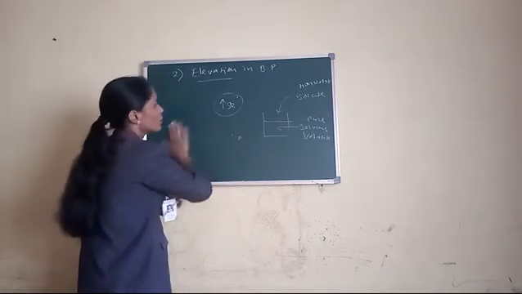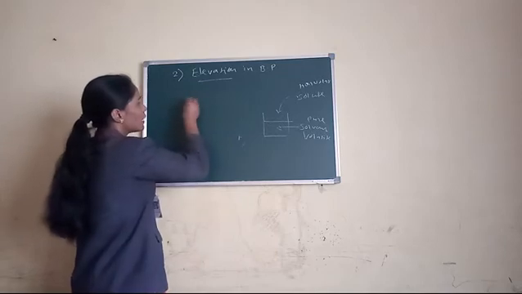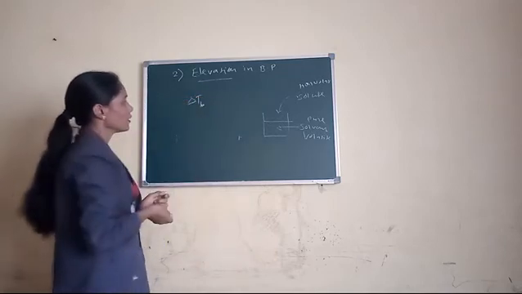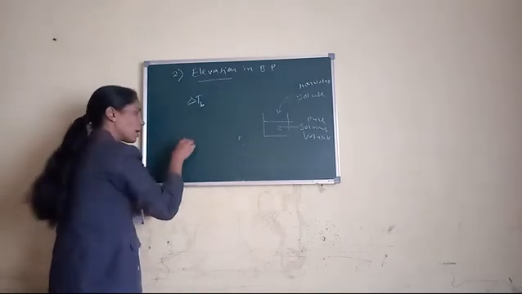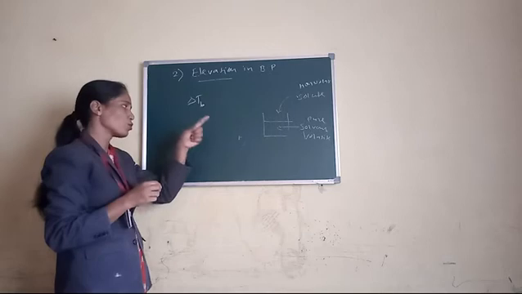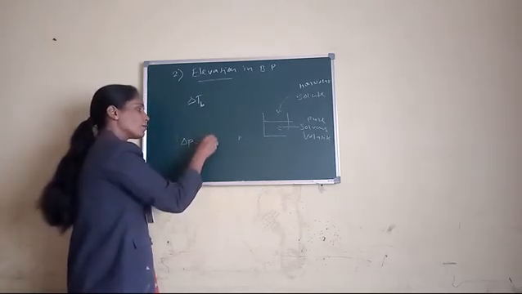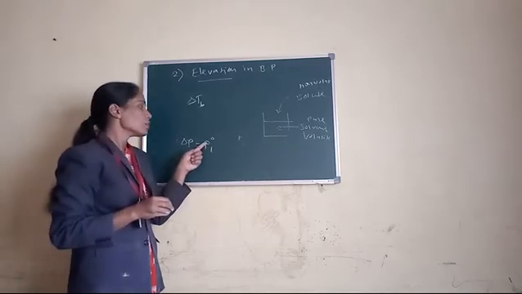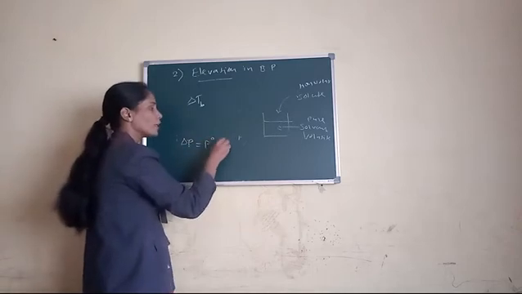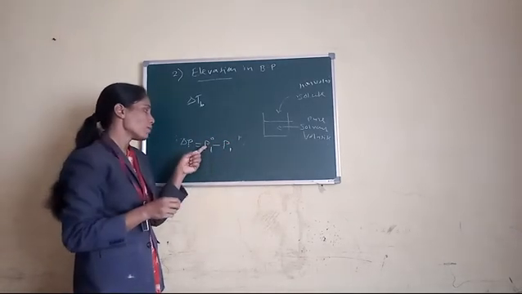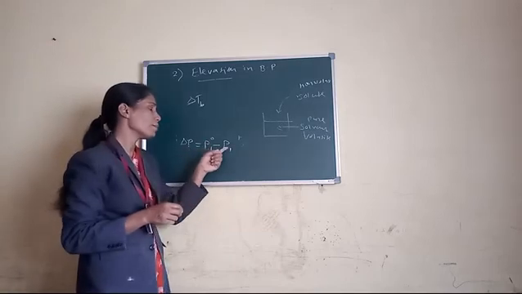That is, elevation in boiling point means delta TB. Lowering of vapor pressure means delta P, means after addition of solute the vapor pressure is lowered. Delta P is P1 naught minus P1, because the initial vapor pressure is higher, therefore the smaller quantity is subtracted from the larger, means P1 naught is higher than P1.